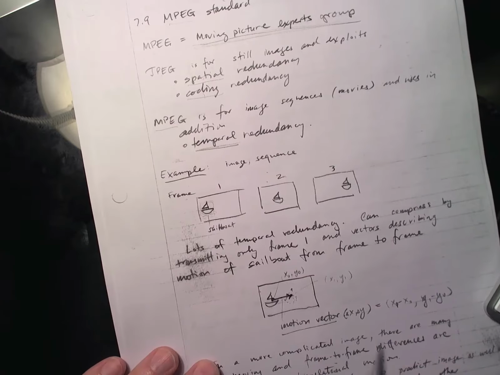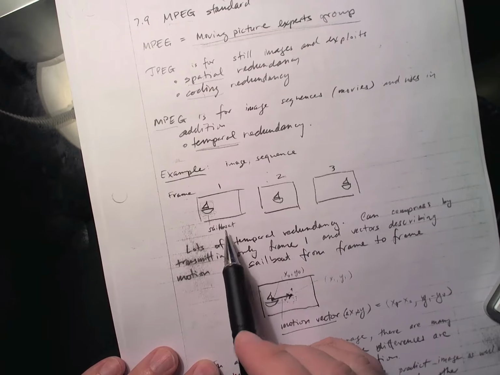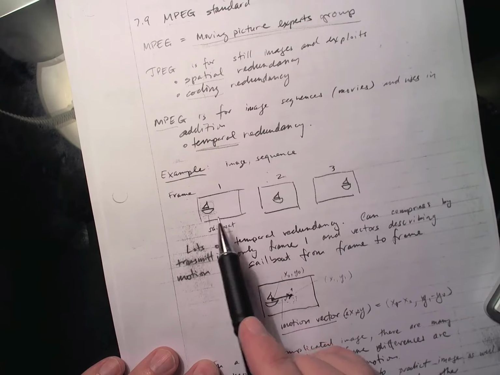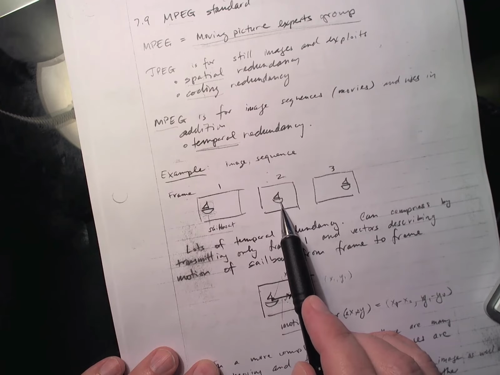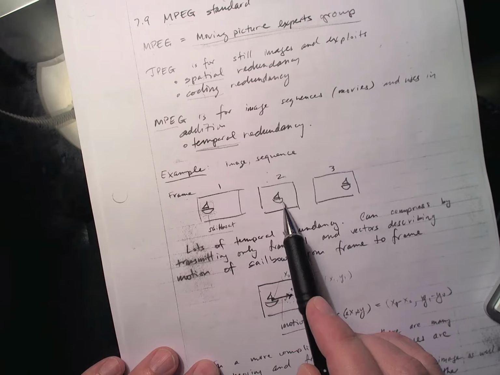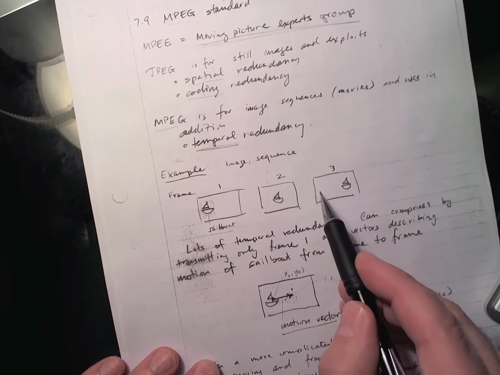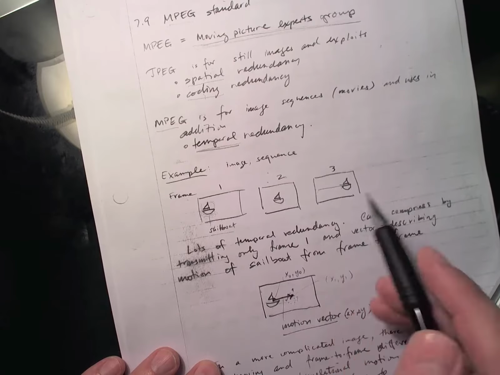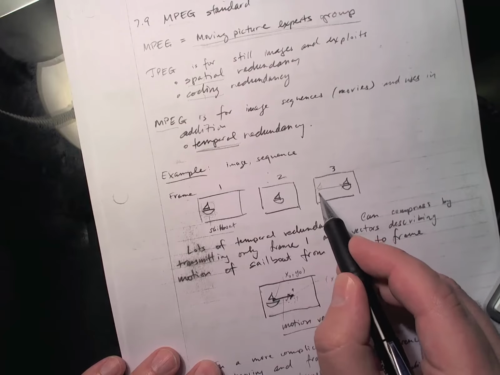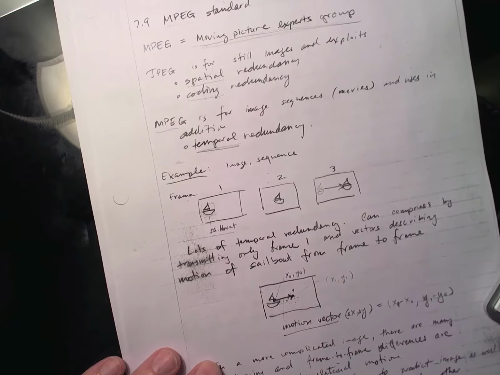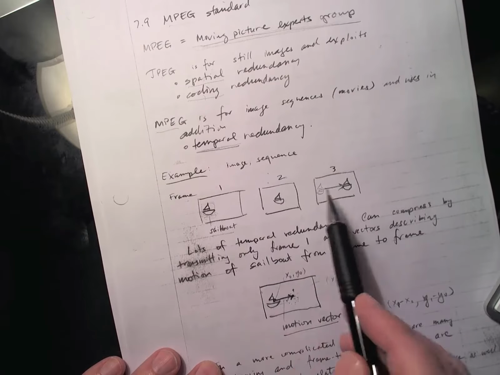Imagine a really simple scene where I have a sailboat that at the beginning is here, but over time, here's the next frame of the movie, and then the next frame. Over time, the boat is moving from left to right. It started out over here, but then it moves eventually to here. Right? Here, here, and there.